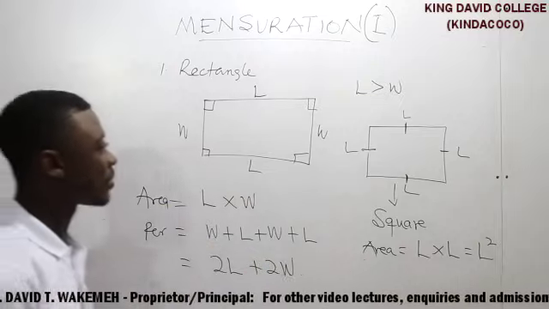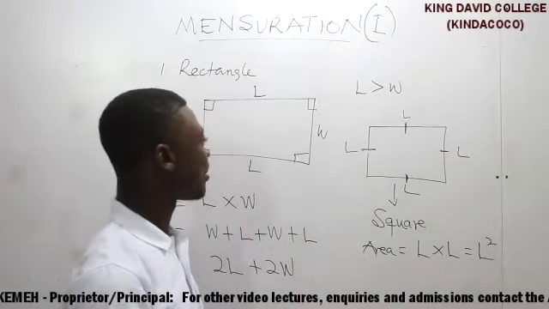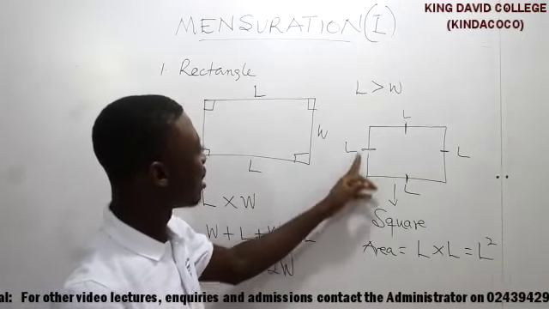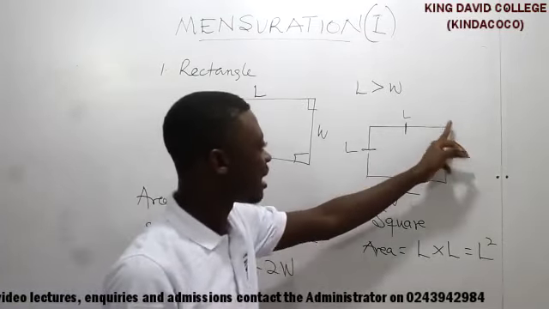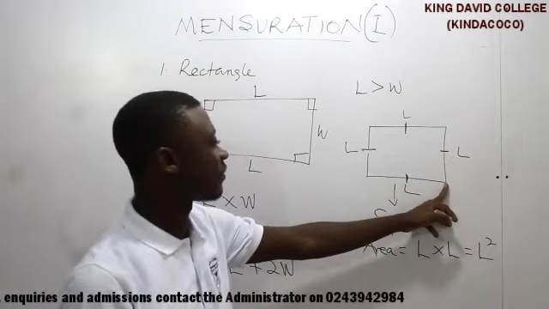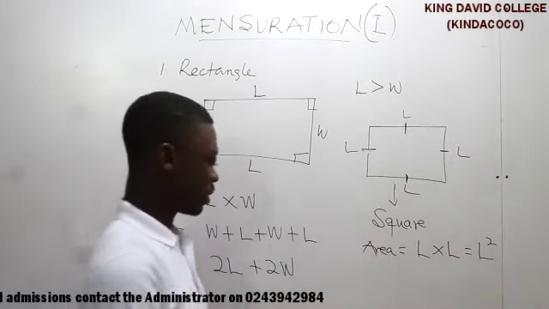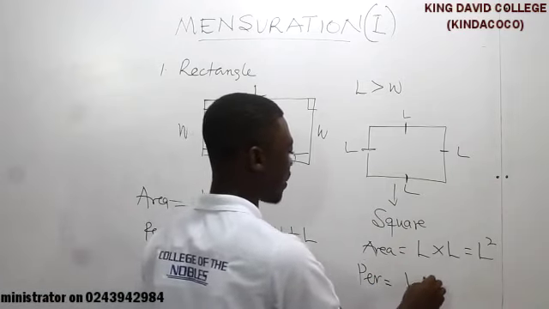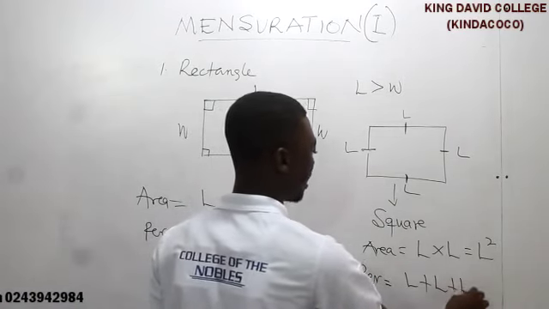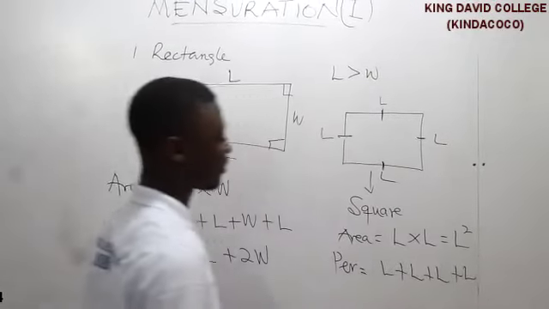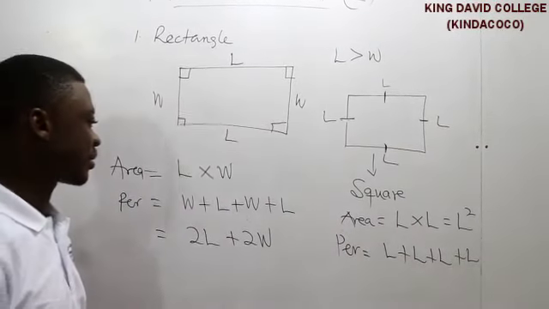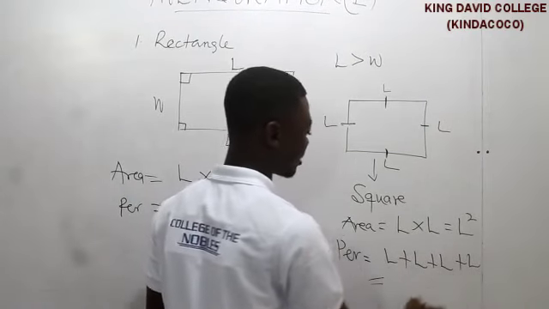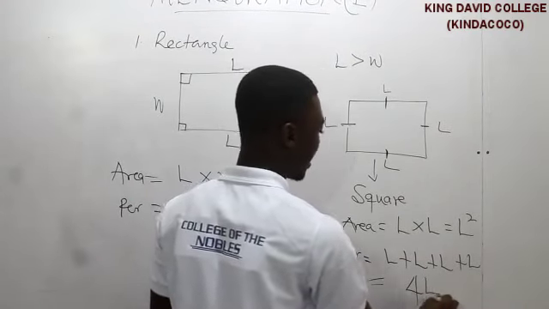Same way, when you go to its other brother, then we say, okay, starting from here, length plus another length plus another length plus another length. So then the perimeter of this one is going to be length plus length plus length plus another length. So 4 lengths. So in that case, L plus L plus L plus L is going to give me 4L.